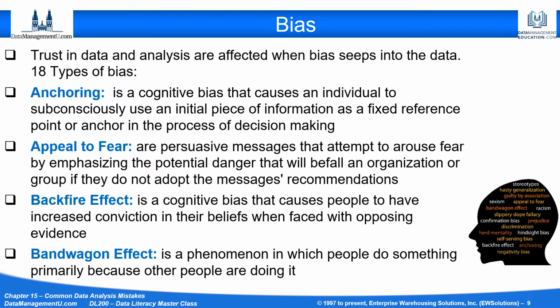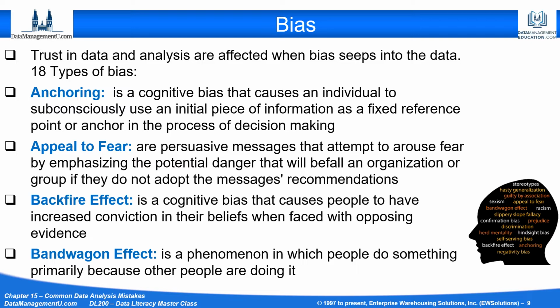Anchoring. This is a cognitive bias that causes an individual to subconsciously use an initial piece of information as a fixed reference point, or an anchor, in the process of decision making. So for example, let's suppose you build a multi-stage analysis where a business analyst will look at one piece of data and have that drive a decision-making process once they look at another one.